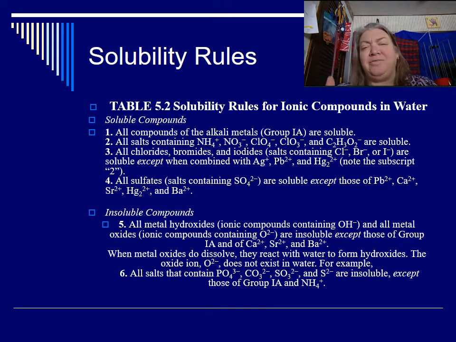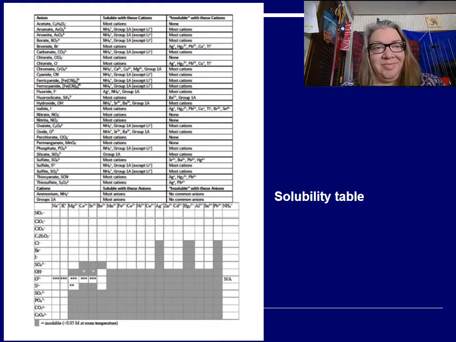I won't have you use these rules. These rules are great, but they've put this into a table form that's a little easier to understand, and I'm going to give you the table on the test. So I'm more concerned that you can read the table. Let's look at it.